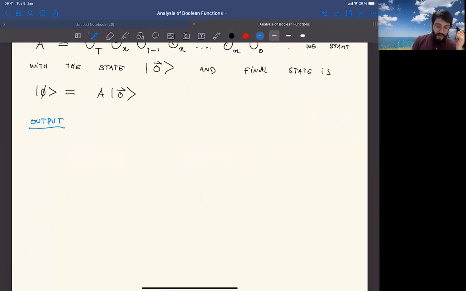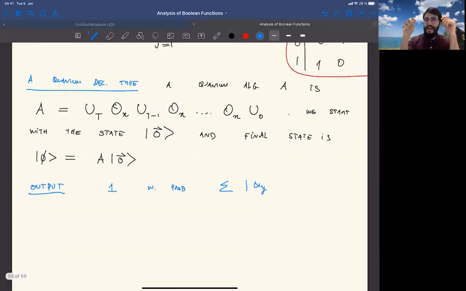So the output is going to be 1 with probability. So you look at the strings. This is the final state, and this would be y, and y.